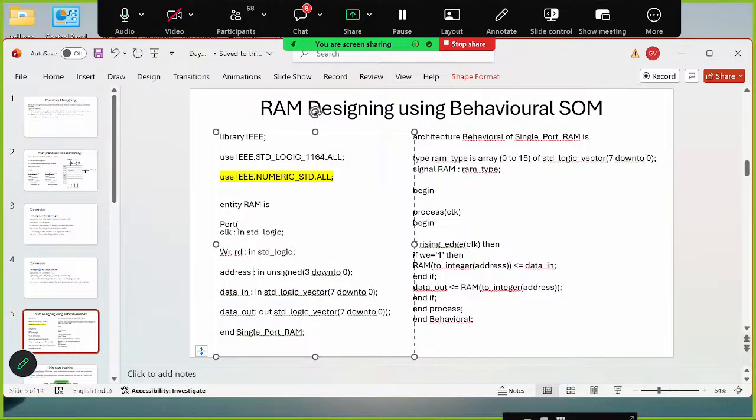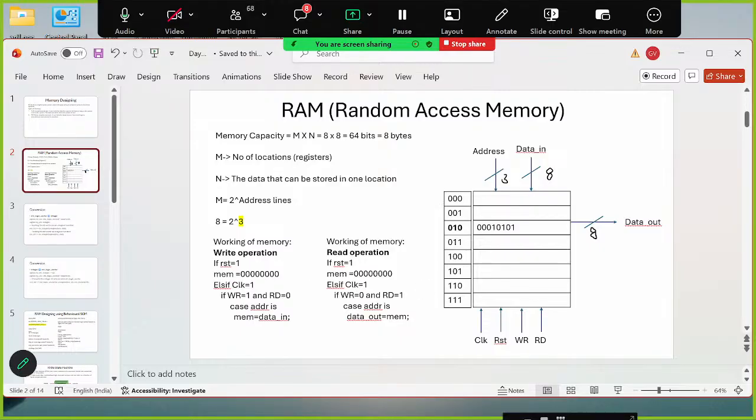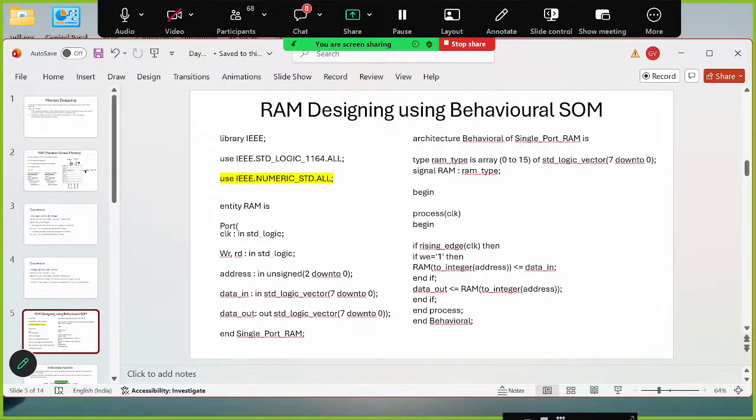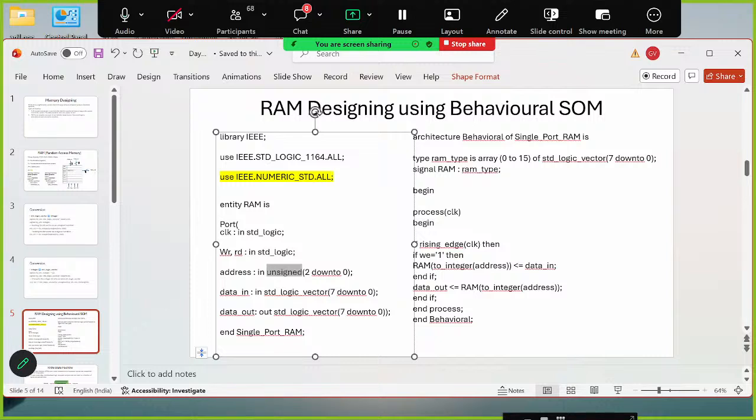Similarly, there are address lines. These address lines we have created as 2 down to 0, because in our case these address lines are of 3 bits. So I should write std_logic_vector 2 down to 0.